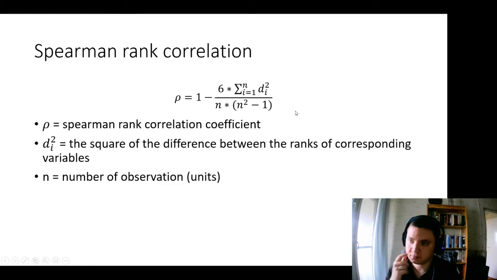We are not going to use this in Excel, but it is good to know if in the future you have rank or ordinal numbers and you want to calculate the connection between the variables.